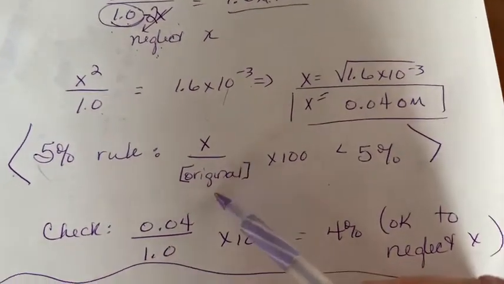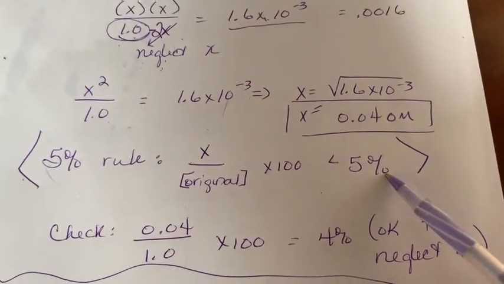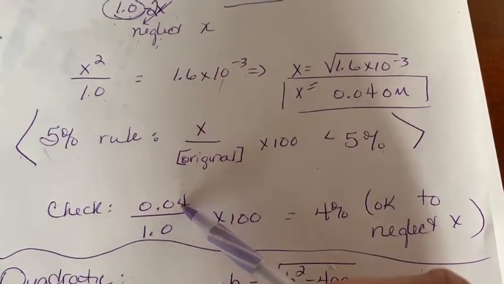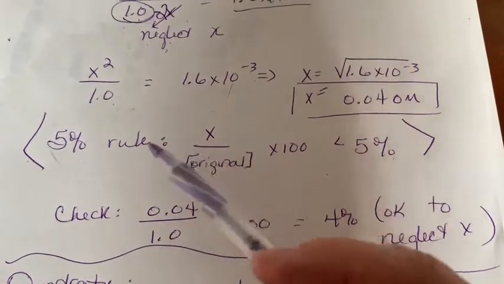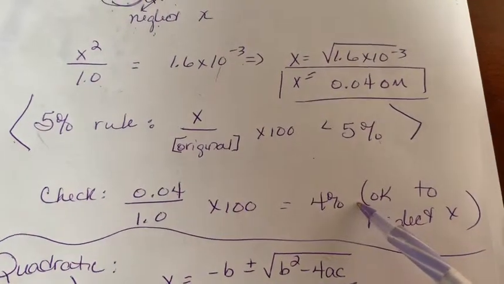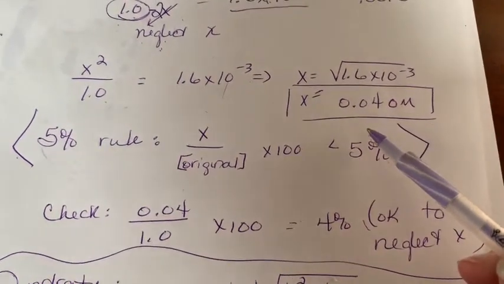If that ratio is less than 5%, you were okay to neglect x. So let's check. The value we got for x is 0.04. The original concentration was 1, and that's only 4%, which means it was okay to neglect x. So the correct answer is in fact 0.04 molar.